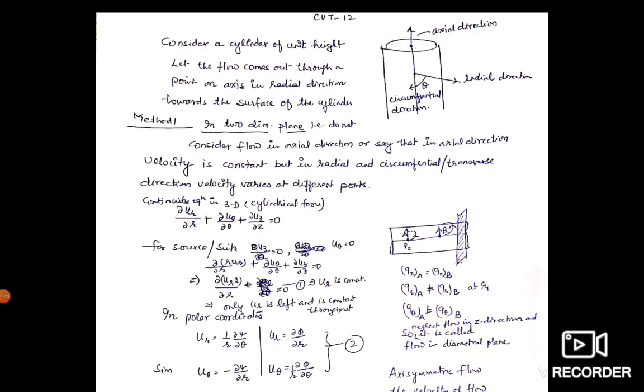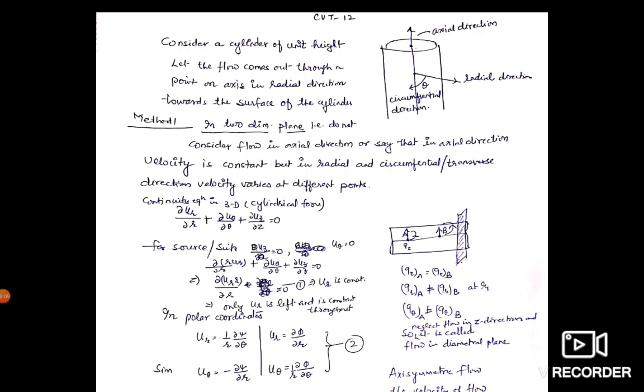We assume that if we consider a cross section of the cylinder, or rather, if we consider the cylinder in such a way that there is only flow in a radial direction, then you can simply see that this is our equation of continuity in cylindrical coordinates. No, there is some mistake in this equation. You see, this is the equation.